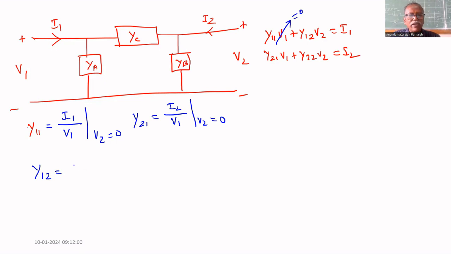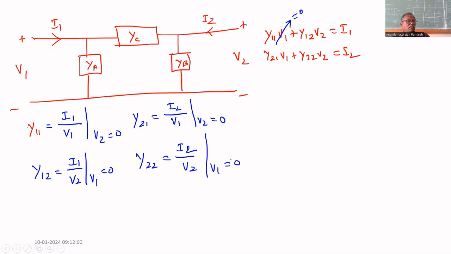Y12 equal to I1 divided by V2 provided V1 equal to 0. In the same way, Y22 equal to I2 divided by V2 provided V1 equal to 0. This way we can find all the four parameters.